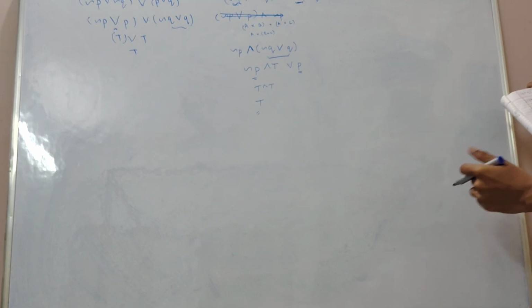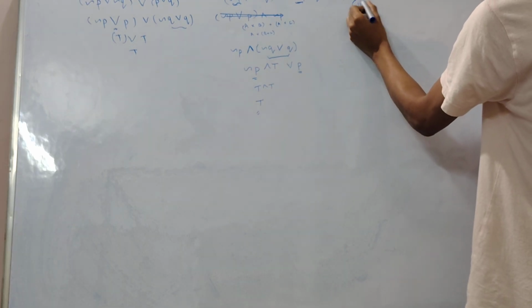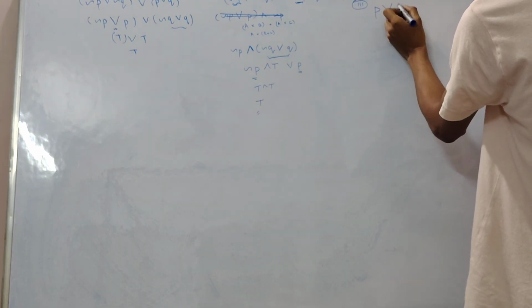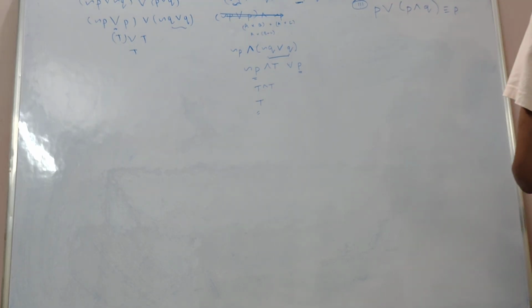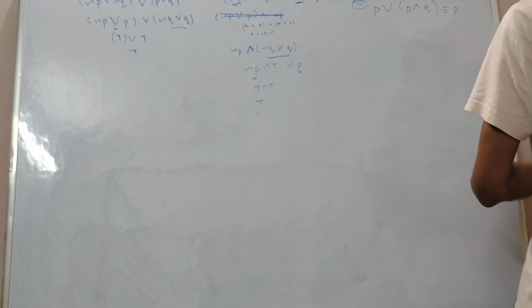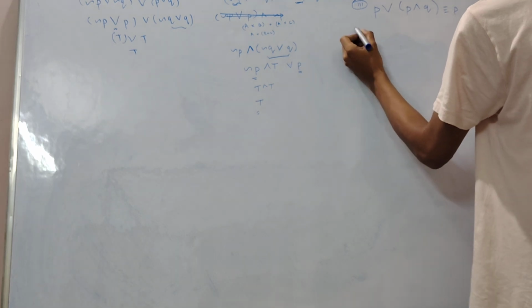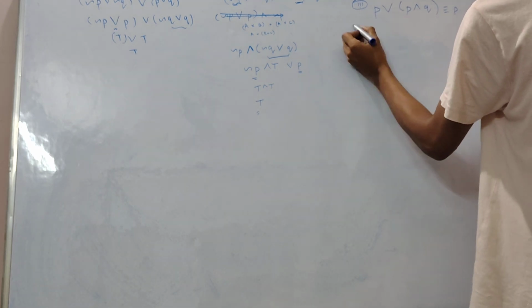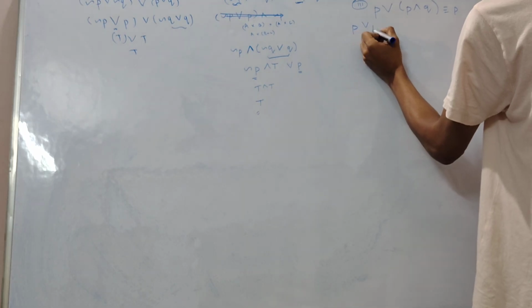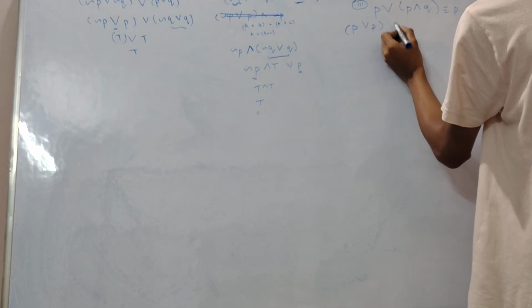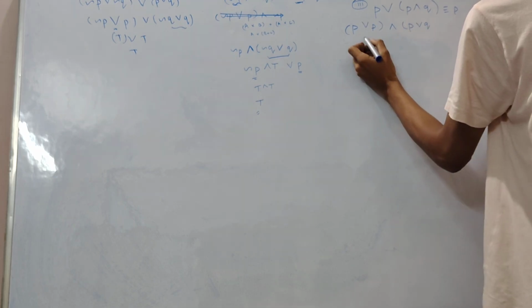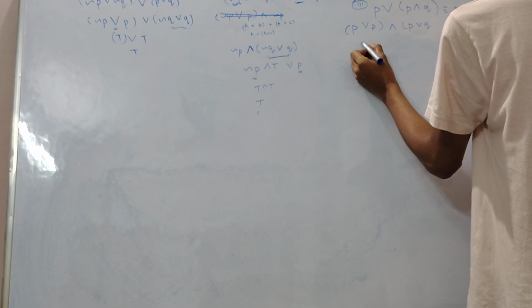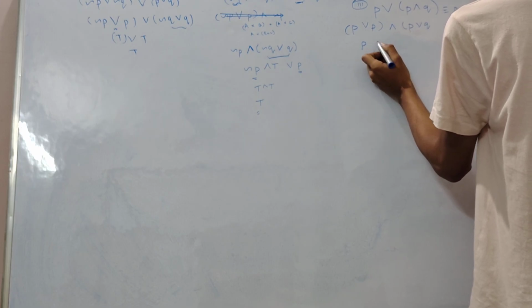Now, third question is prove P or P and Q is equivalent to P, right? So I can write this as P or P and P or Q. P or P will give me P, right?